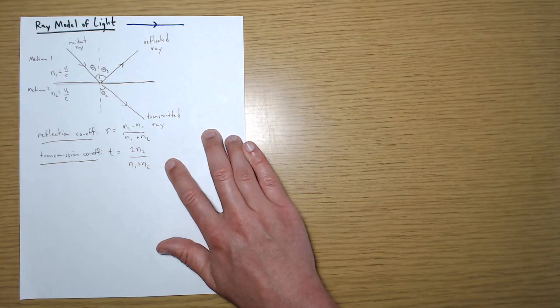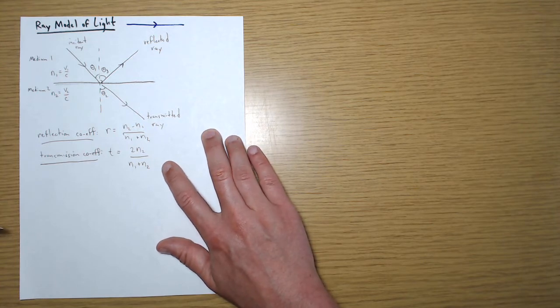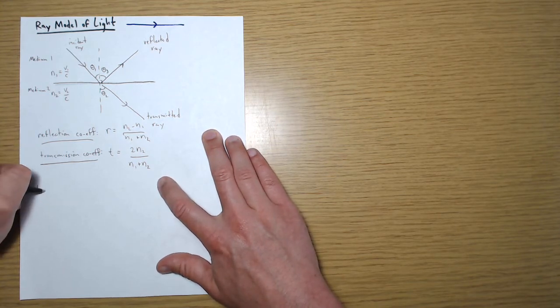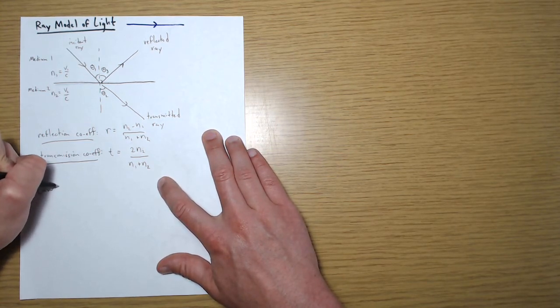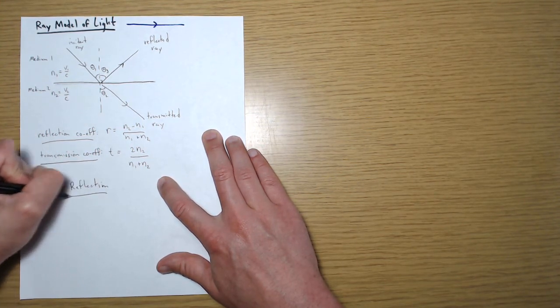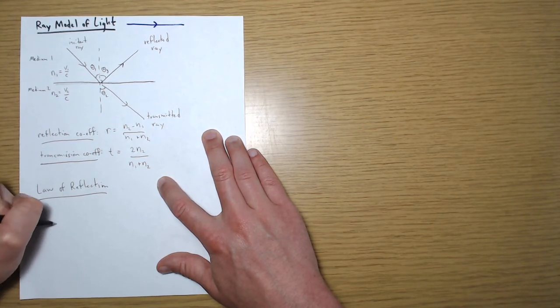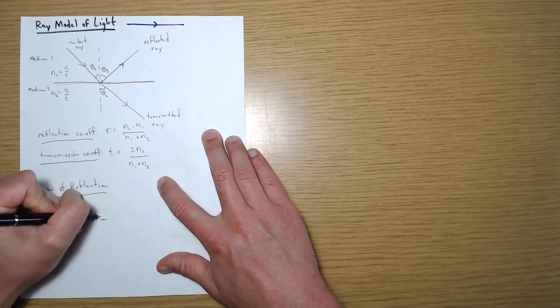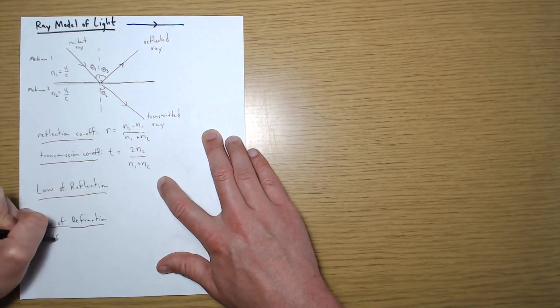So what that actually works out to for our purposes is two basic laws which we have used: law of reflection and the law of refraction, sometimes called Snell's law.